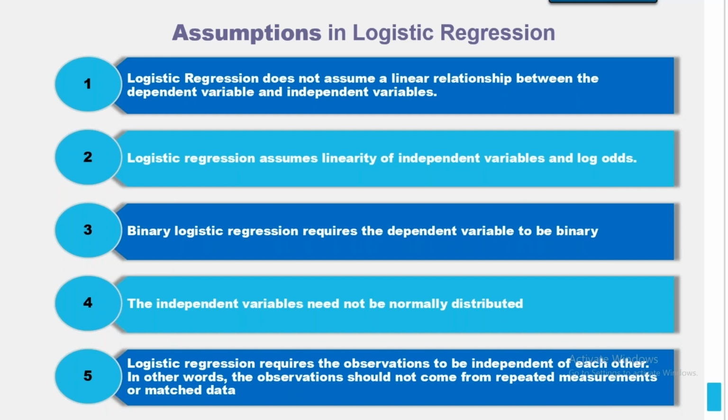The independent variable need not be normally distributed. And logistic regression requires the observations to be independent of each other. In other words, the observations should not come from repeated measurements or matched data.